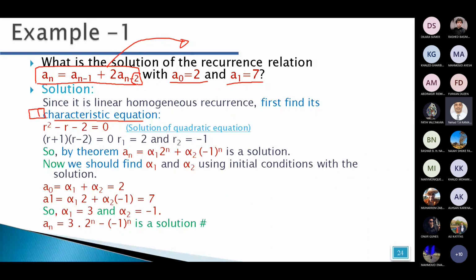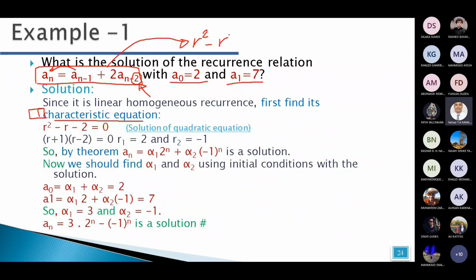We have to know k equals 2. So instead of n, we will put 2, and instead of a, we will put r. So r power 2, plus, go there, minus a_{n-1}, it becomes r power k minus 1. k is 2, we get it from here.